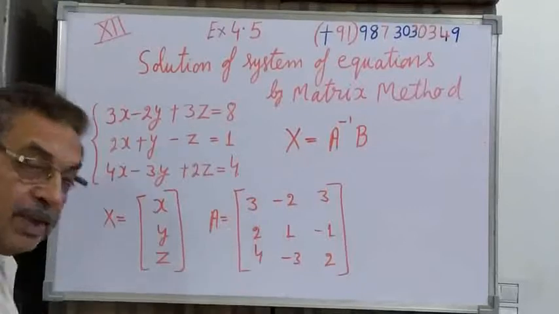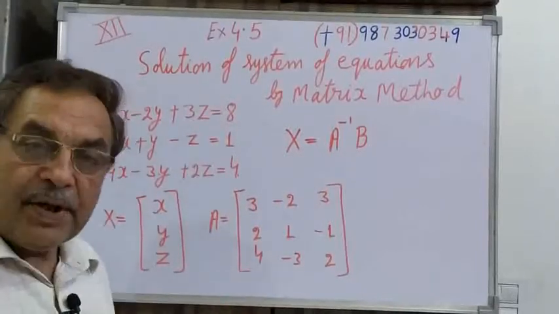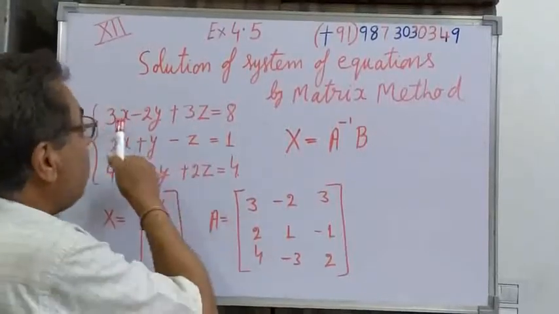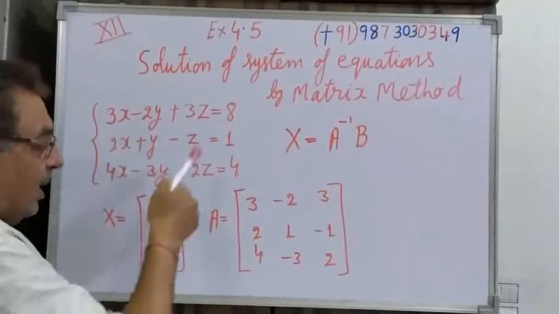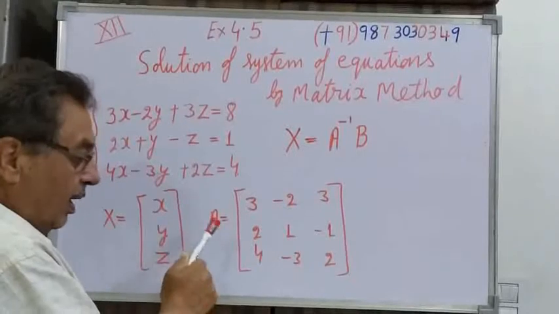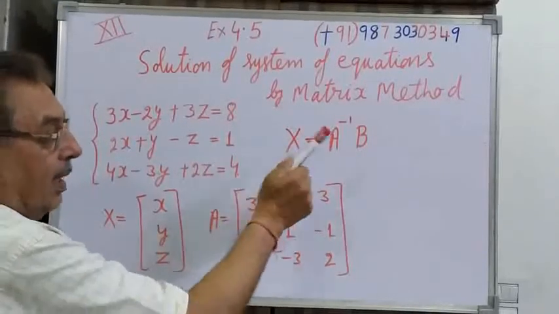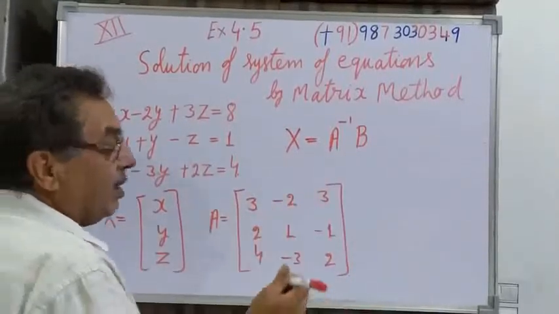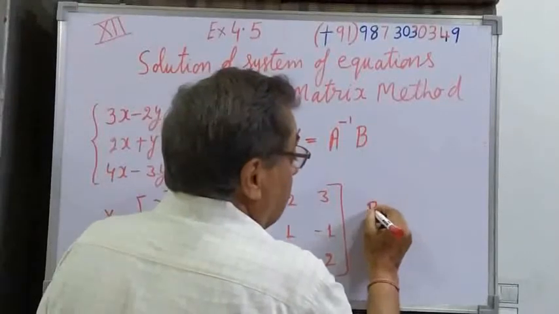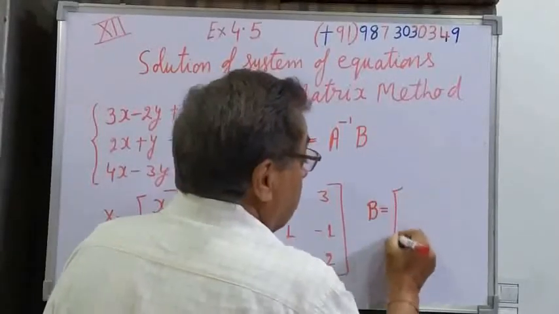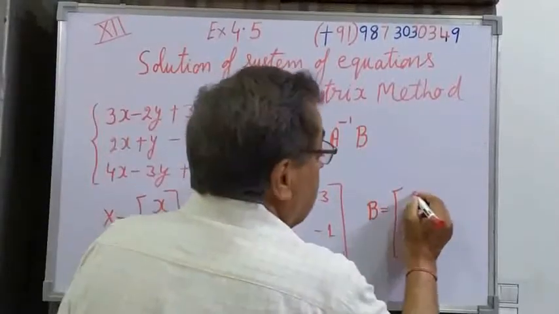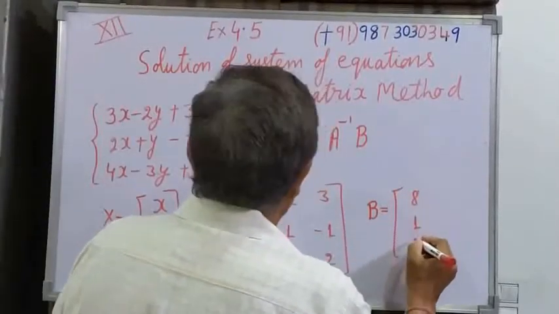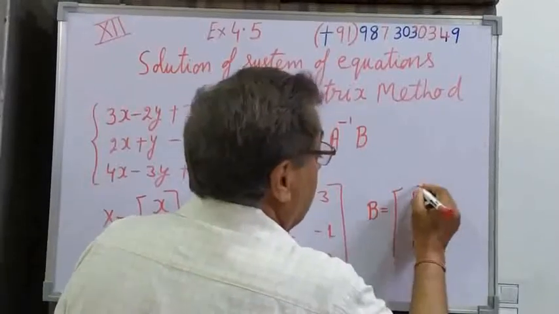So from this matrix A, which we have formed by the coefficients of the 3 variables x, y, z, we will find the A inverse, and we'll multiply it by B. Then the question arises, what is the B matrix? It is composed of the constants of the 3 equations lying on the right hand side: 8, 1, 4.